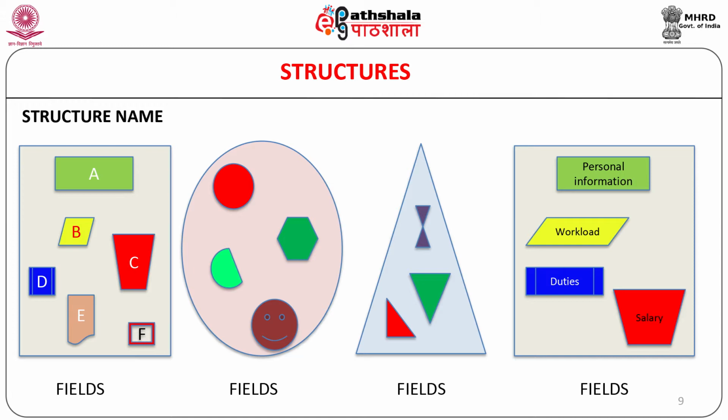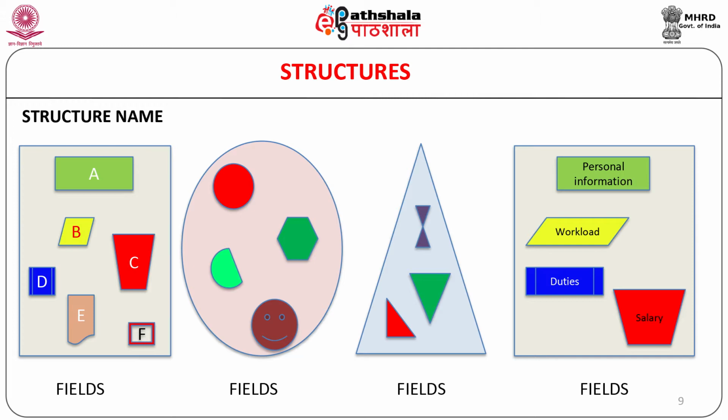In the rectangle structure, you will find various fields, and these fields are labeled as A, B, C, D, E, F. You can see the shapes shown for A to F are different. It means there are different data types under one structure name.